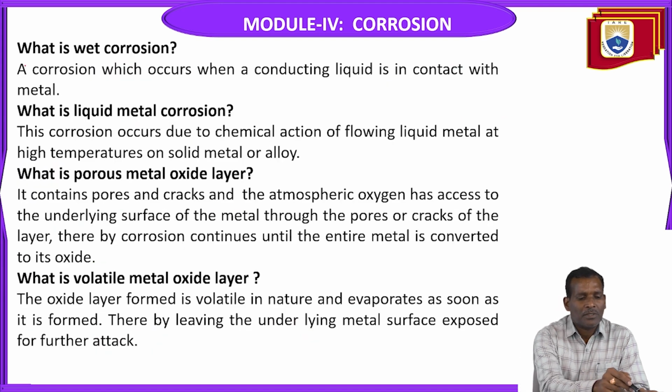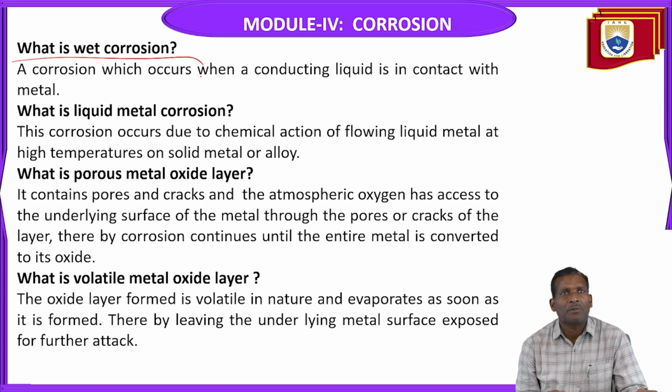Next, what is wet corrosion? Just now discussed. A corrosion which occurs when a conducting liquid is in contact with metal. Whenever the metal contacts a liquid like water or an electrolyte, where water acts as the electrolyte, that corrosion is called wet corrosion.